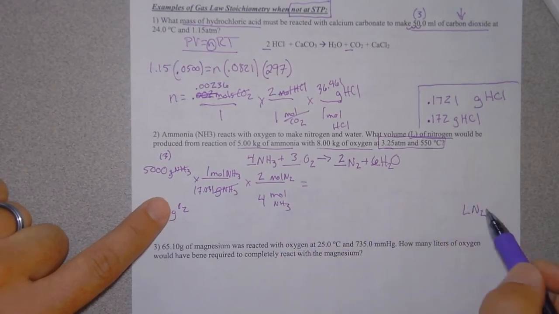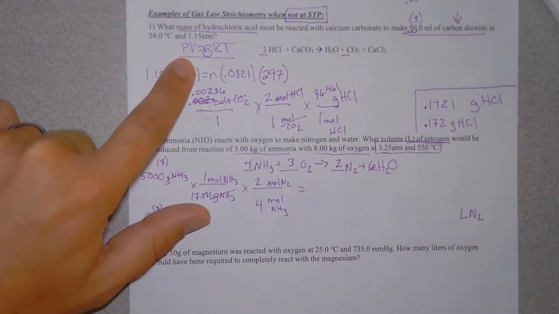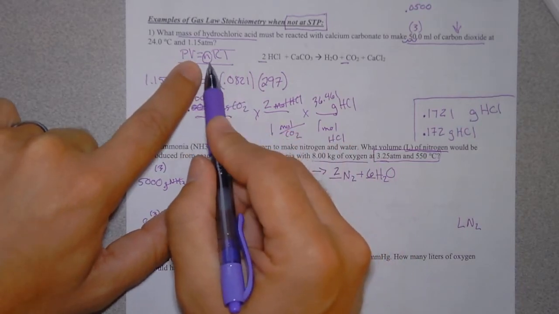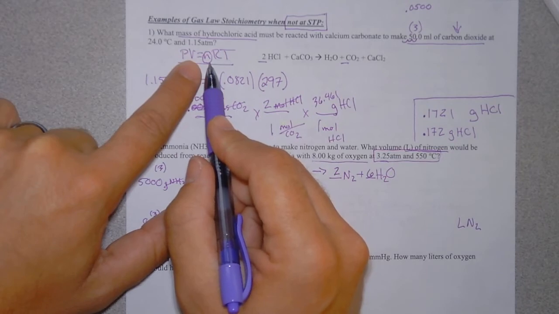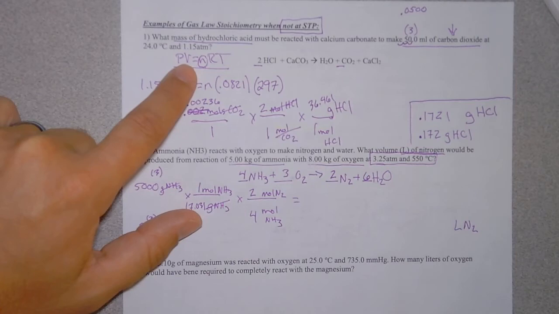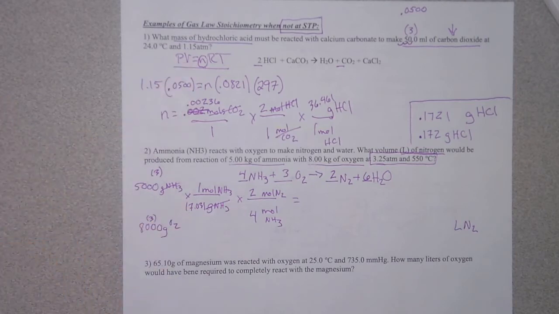Because when we use PV=nRT, we need our volume and our moles to be the same compound. I thought we're currently just trying to figure out which one's the limiting reactant. Why are we trying to do the entire equation on one that's probably not the limiting reactant? It would be just a waste of time.